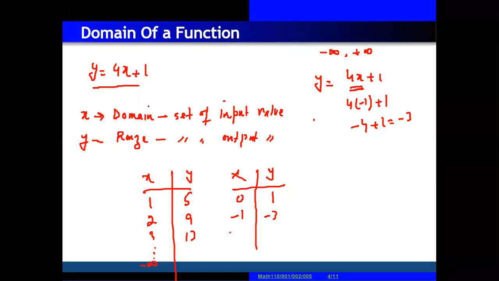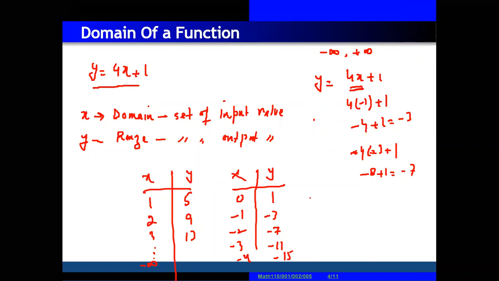When you give x equal to minus 2, this gives 4 multiplied with minus 2 plus 1, minus 8 plus 1 equal to minus 7. When you give x equal to minus 3, you will receive minus 11. So same, if you give any negative value, there will be some output.